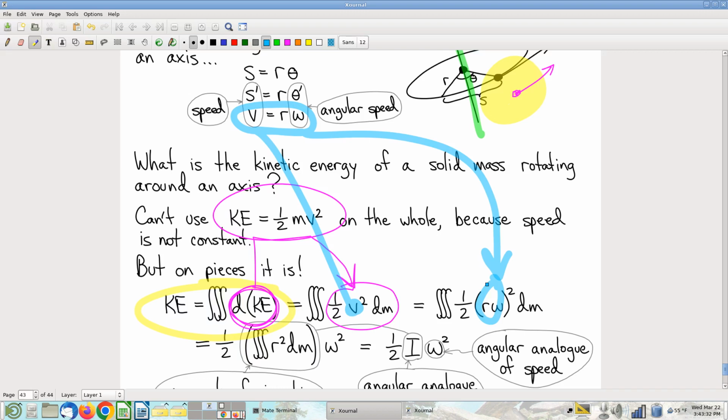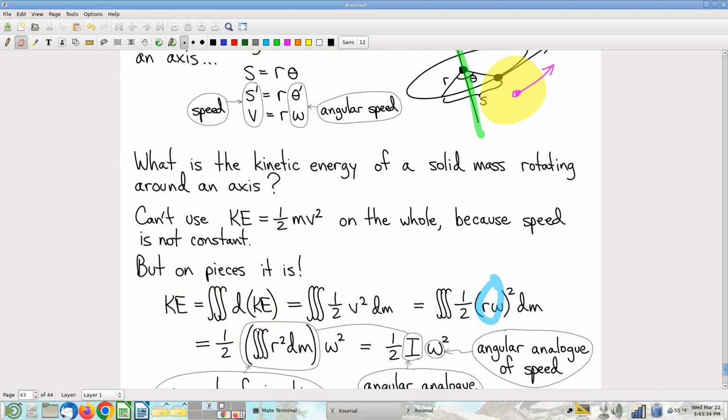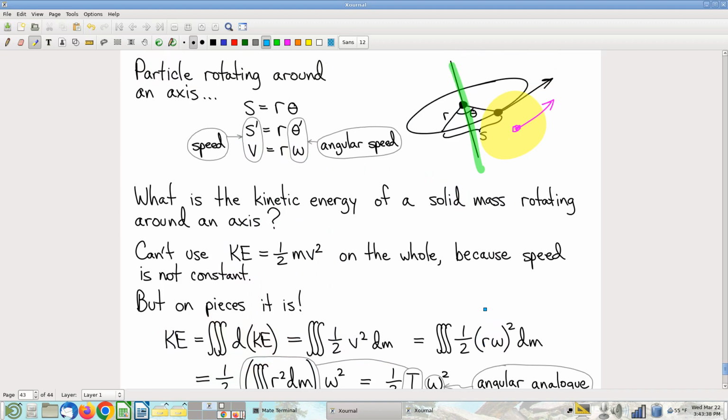And as this thing rotates, I make the case that even though different pieces of my lump are going different linear speeds, they do all have the same angular speed. And the amount of time that any part of this makes a full loop, the whole mass makes a full loop. It's the same number of degrees per second or radians per hour or whatever.